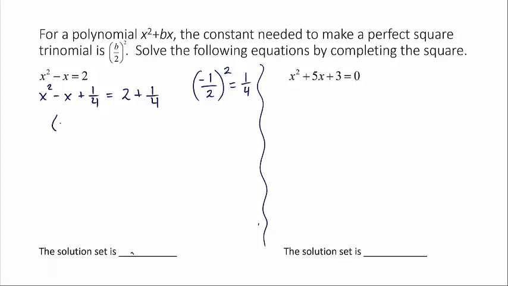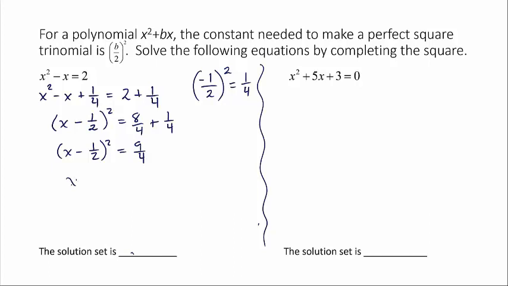So we're going to have x minus 1/2, the square root of 1/4 is 1/2, quantity squared, equal to 2 plus 1/4. We need a common denominator here. 8 over 4 is the same thing as 2, so we have 8 over 4 plus 1/4. That gives us x minus 1/2 quantity squared equal to 9/4, when we add those fractions.